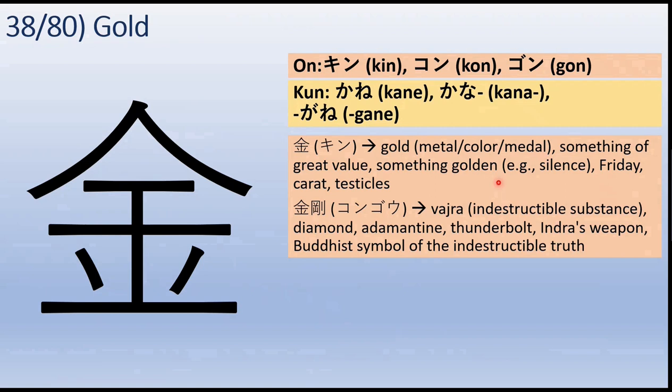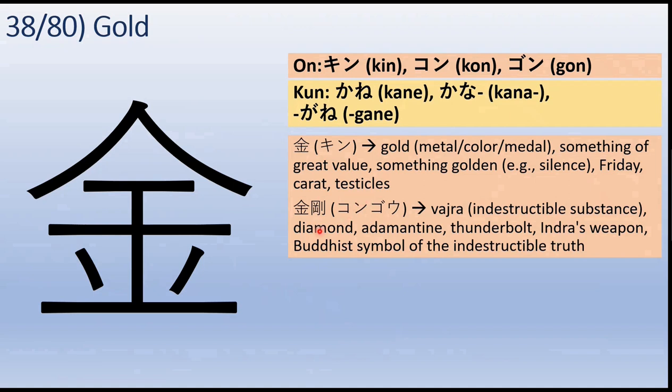It may also mean silence, because there is a proverb that if speech is silver, then silence is golden. It also represents Friday, and carat, that is, the purity of gold. And it may also represent the testicles of the male sexual organ.